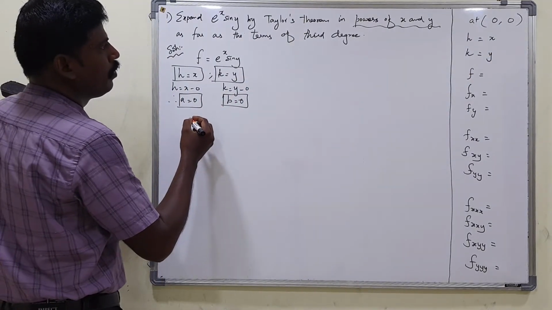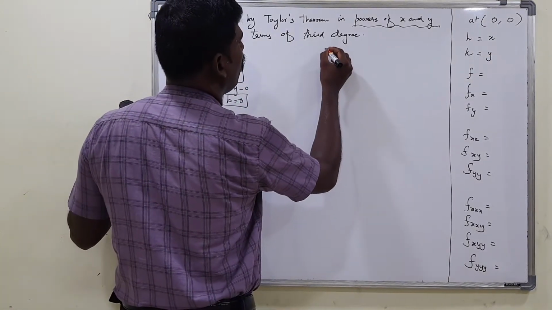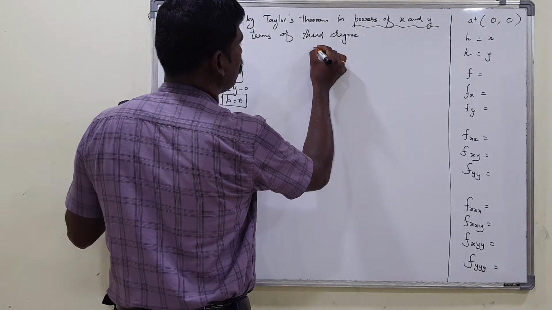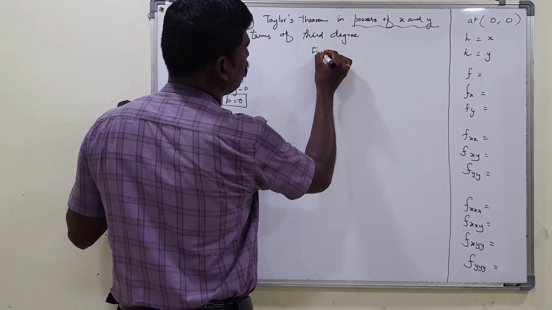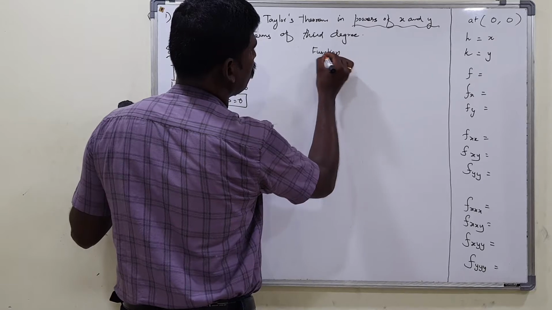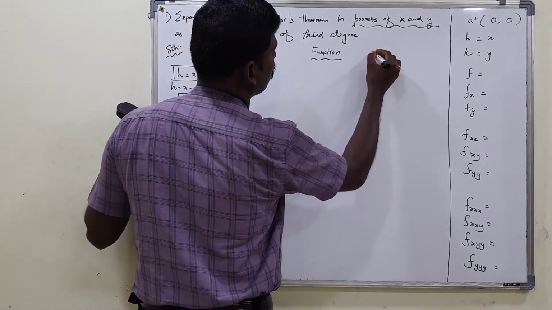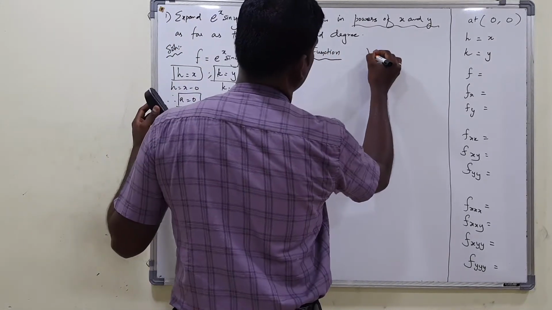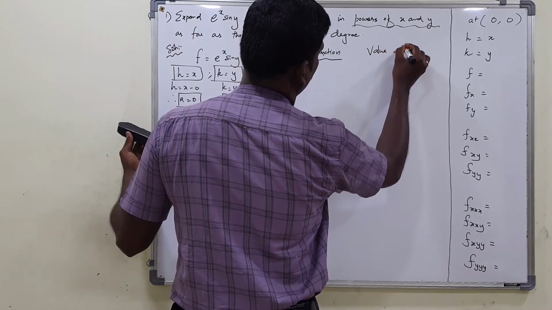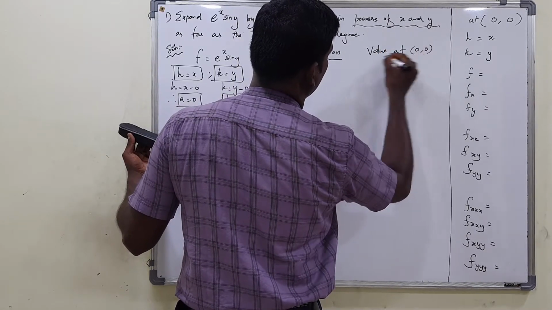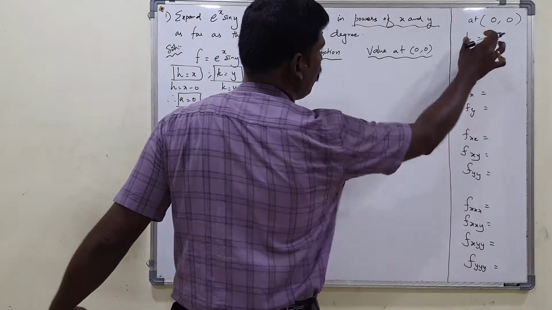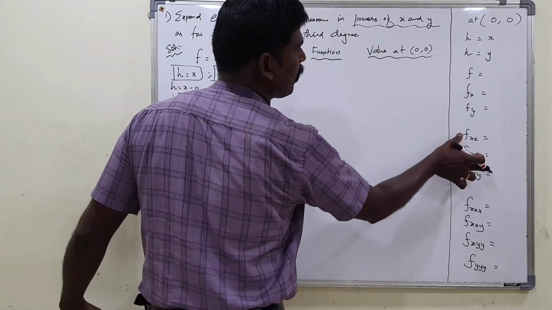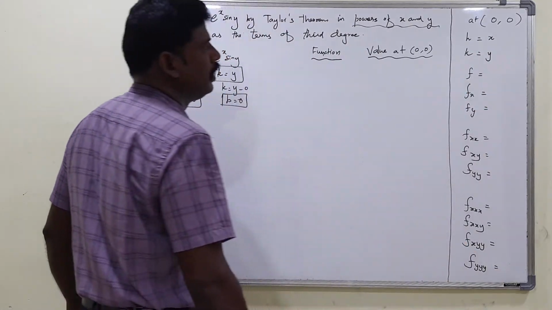So now I am going to write the function value at 0, 0, right? So I am going to find out all these 4 plus 3, 7, 7 plus 3, 10 values.